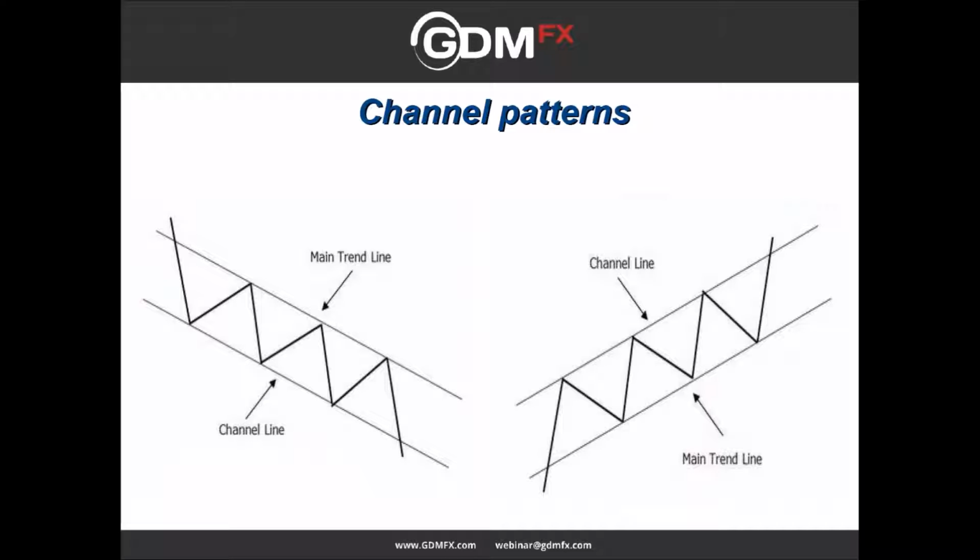One of them is called the equidistant channel. There are many others, which I'm not going to mention, basically because for those that would like to use only trend lines, you can just use a singular trend line to draw this channel line or the main trend line, and of course guide yourself along the way.